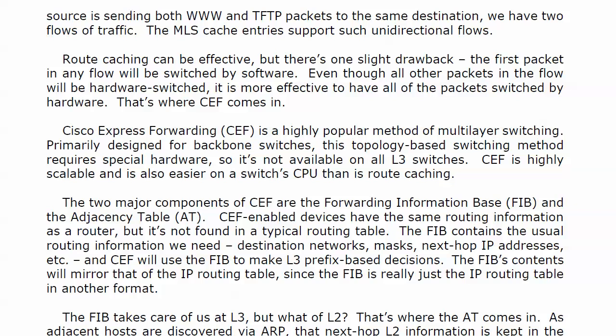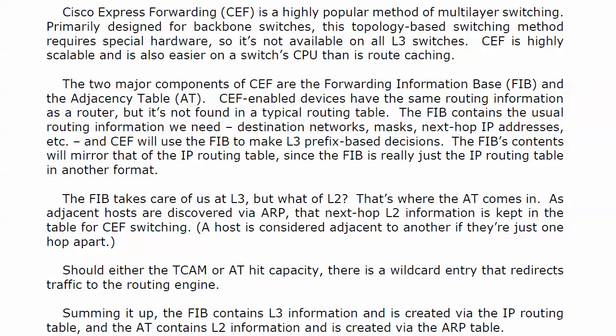Now, route caching is effective, but there's that one slight drawback that I mentioned. The first packet in any flow is going to be software switched. All the other packets in the flow are going to be hardware switched, but it's much more effective to have it all done by hardware to begin with. And that's where CEF, Cisco Express Forwarding, comes in.